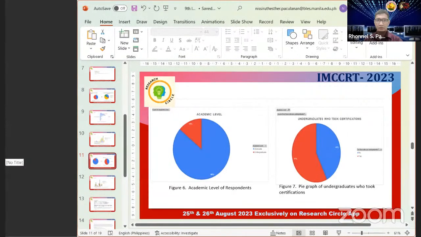The next part of the figures is all about the academic level of the respondents. According to the data collected, 14% of the respondents are students enrolled in the IT course, while the remaining 86% are graduates of other courses like CS, MIS, or computer engineering.